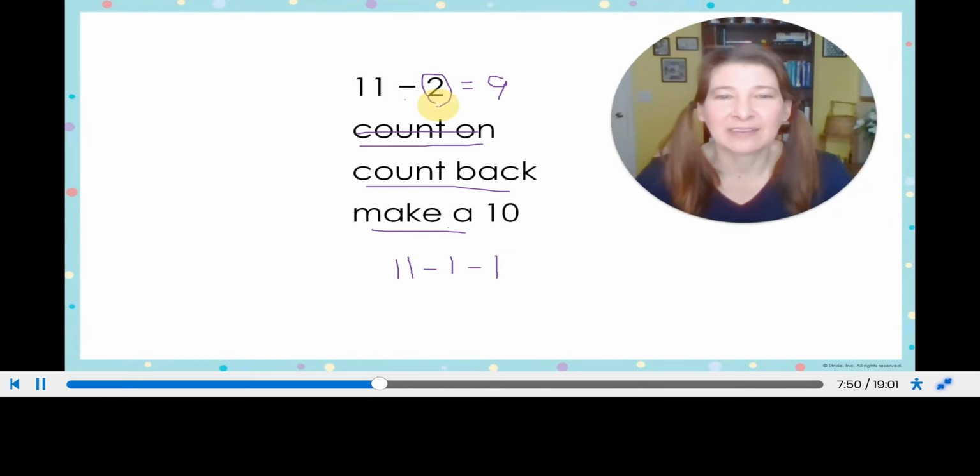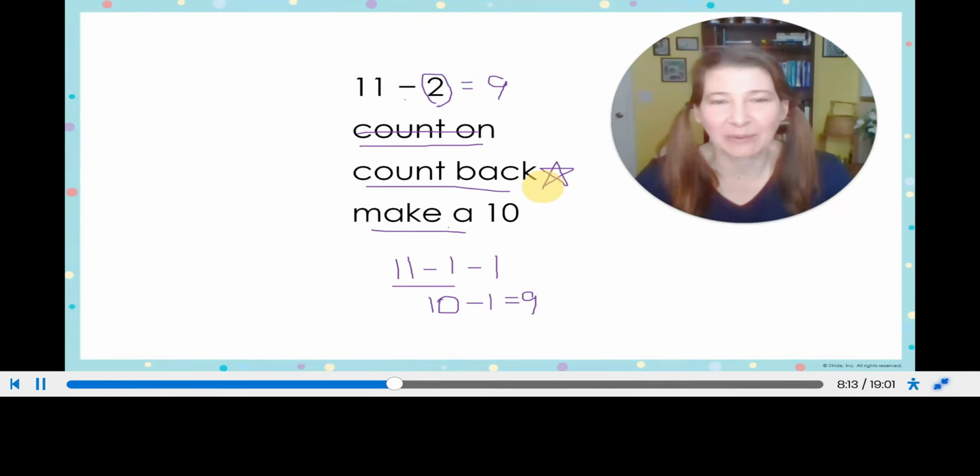Instead of subtracting 2, you're going to subtract 1, and then subtract 1 more. So 11 minus 1 equals 10, and then 10 minus 1 equals 9. So that works. They all work. In this case, I really think counting back is the best way to go because you only need to count back 2.